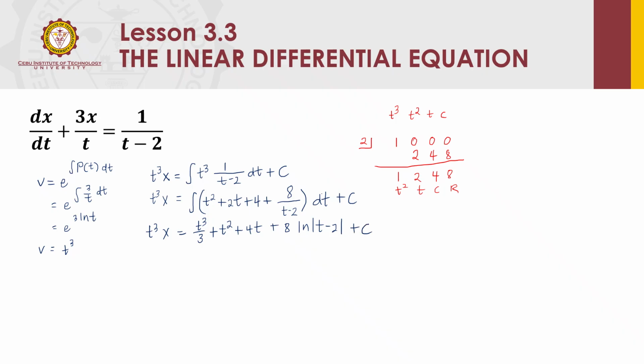And then plus c. Multiplying everything by 3 and putting all terms except c on the left side, we have 3 t cubed x minus t cubed, because t cubed over 3 multiplied by 3 is t cubed only, and then minus 3 t squared, minus 12t, and then minus 24 ln of t minus 2, equals c on the right side.